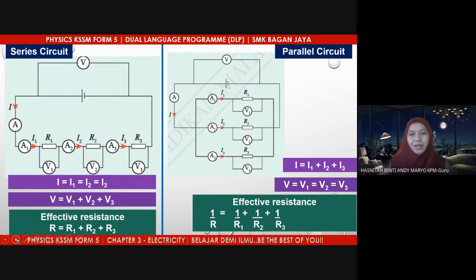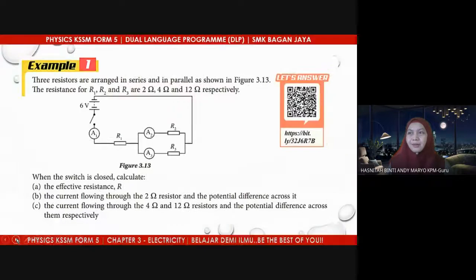Okay, so we try to do a few simple examples. Okay, first, before we try to find the effective resistance, this is an example shown in your textbook on page 104. Boleh ambil buku teks kalau ada berdekatan. If you go to page 104, this is the first example showing 3 resistors.